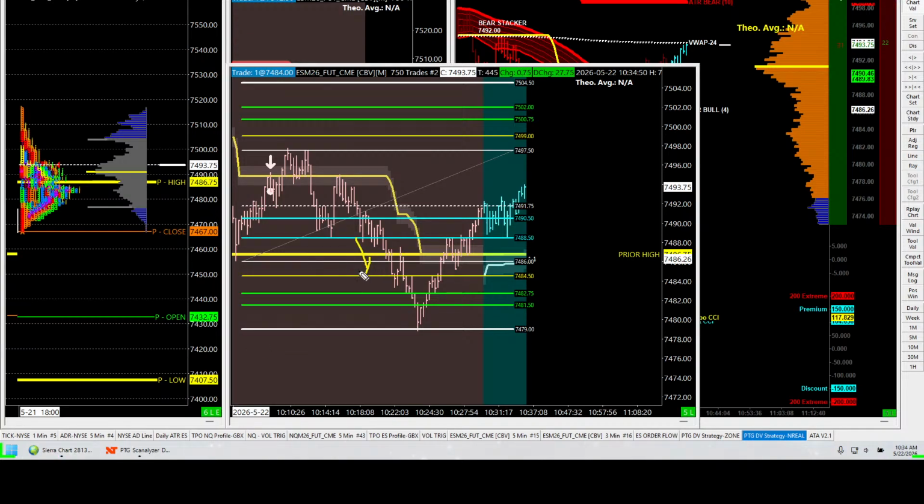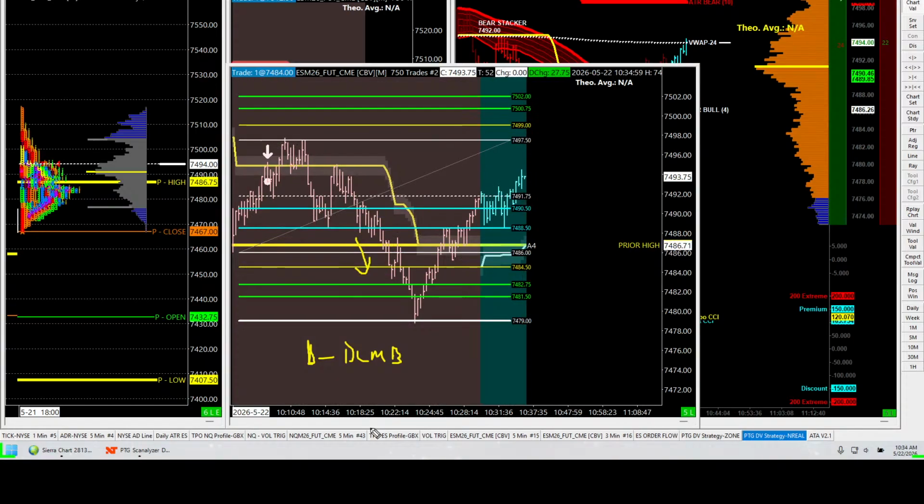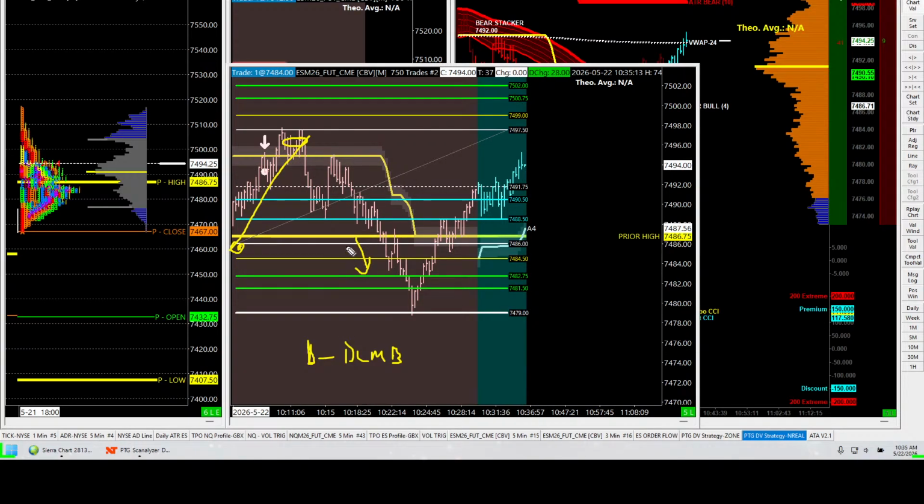So as the market's coming down, this is what we call a dynamic DLMB, dynamic D-level money box. Dynamic because we're measuring this particular swing. From this low to high, we're measuring if it breaks lower, what would be some targets?